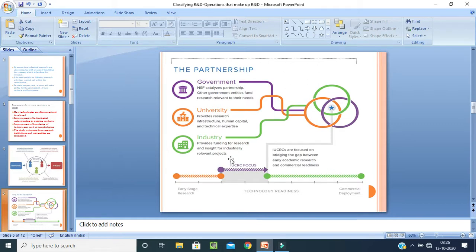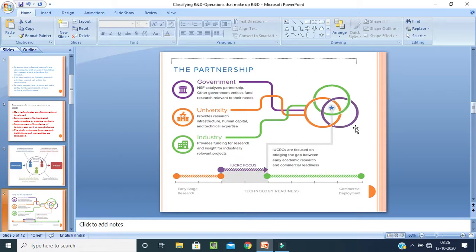Whatever the relevant projects will be, they will have a focus on it. So all these things are focusing on this. The URACs are focused on bridging the gap between early academic research and commercial readiness. So whatever gap the research university or the industry is having will be focused on and fulfilled by this department.